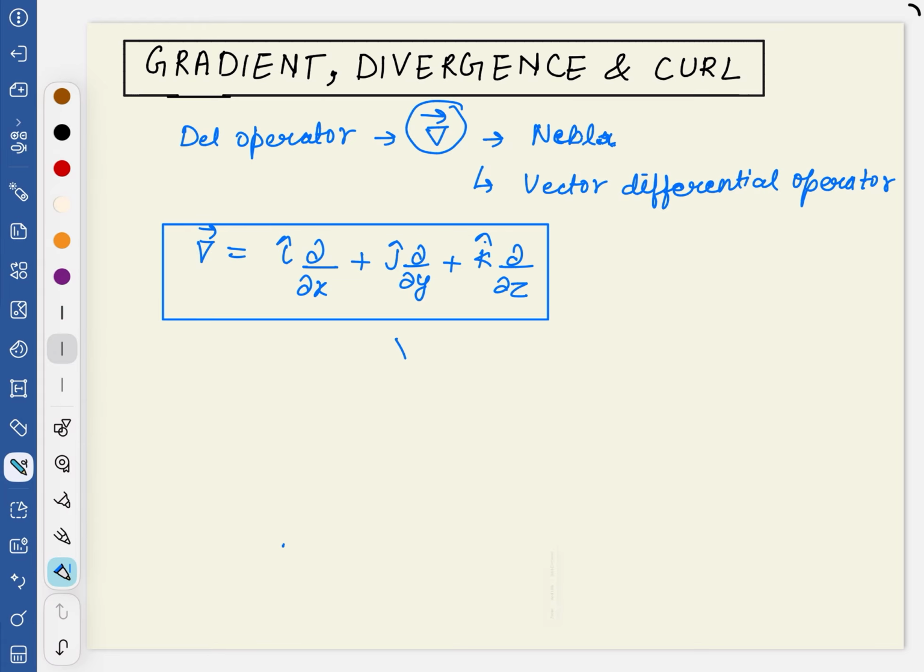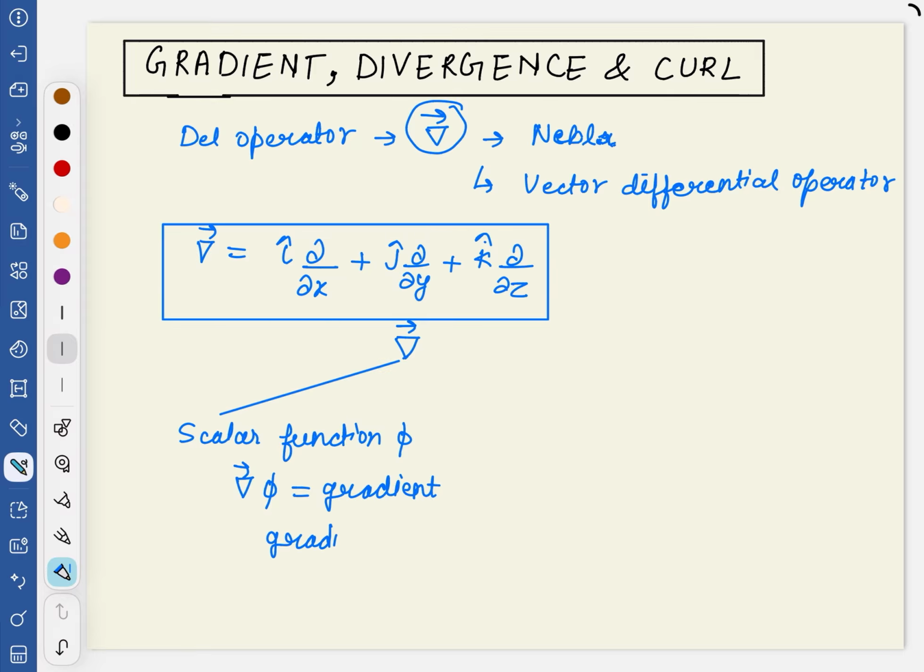So, if we operate del on any scalar quantity or scalar function, suppose we have a scalar function phi here, and we operate del on it, we will get the gradient, or simply gradient of phi.